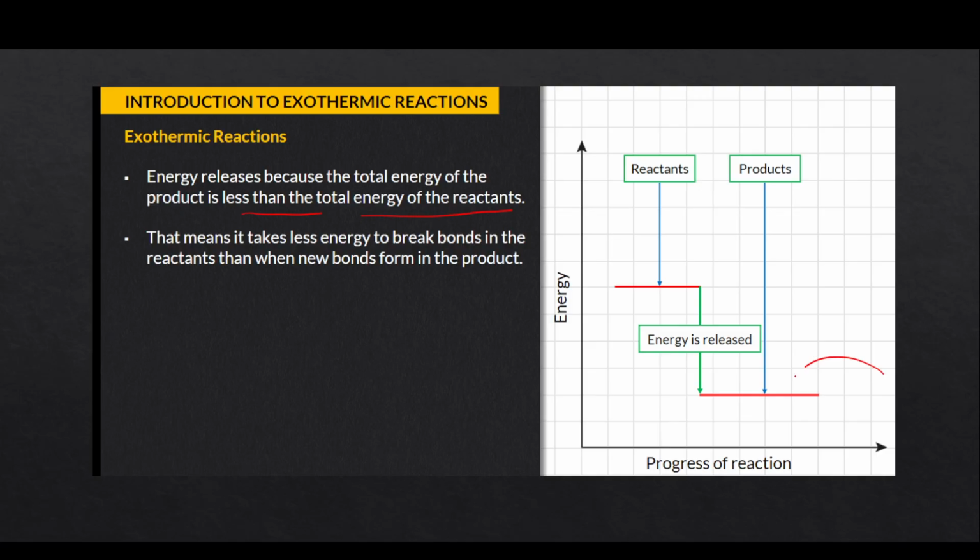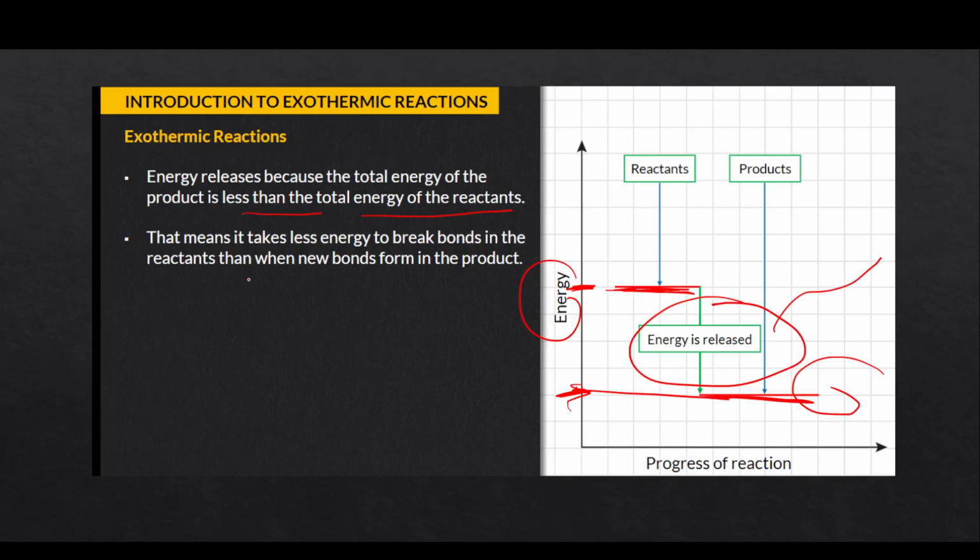You can see this is showing product energy, and this energy is less than the reactant. This is reactant which is high, this is low, right? So this much energy will be released to the surroundings. Because the energy of the product is less, it will release its energy to convert from reactant to product.